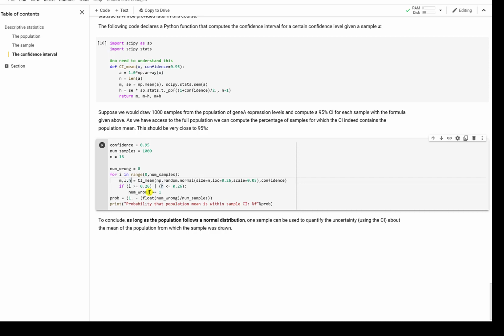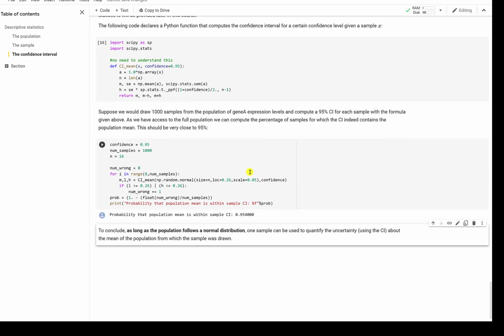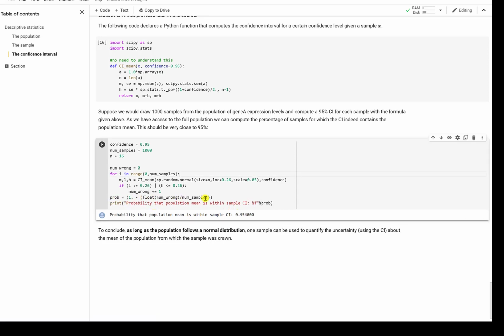Now, since we have set the confidence of our confidence interval to 95%, we expect to see this in 5% of the cases. So in 5% of the cases, we will have a confidence interval that does not contain the true population mean. So let's run that. And what it computed here is 100 minus the number of wrong.